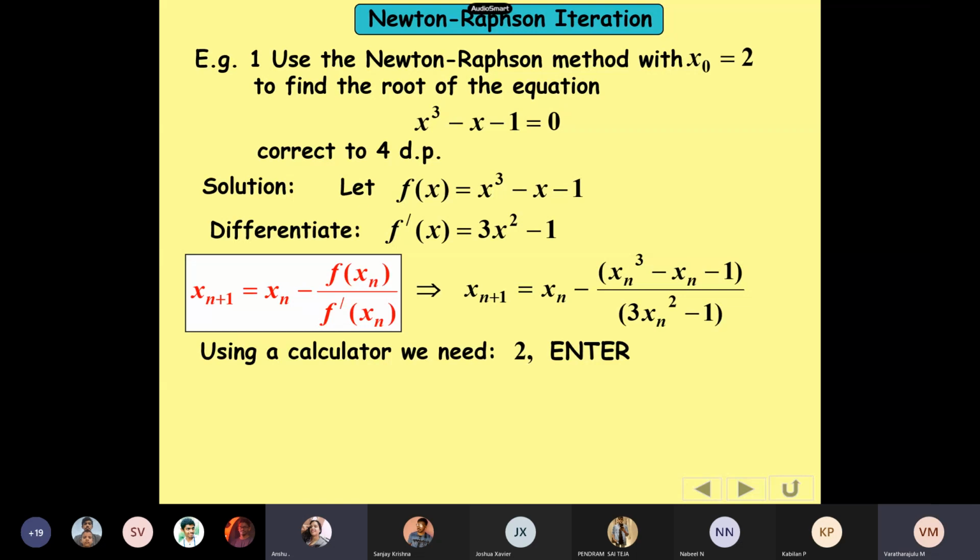What is there on your screen? 2 alone or 2.0000? 2 point only. Fix your decimal places to 4.